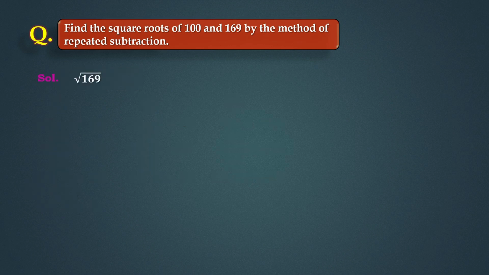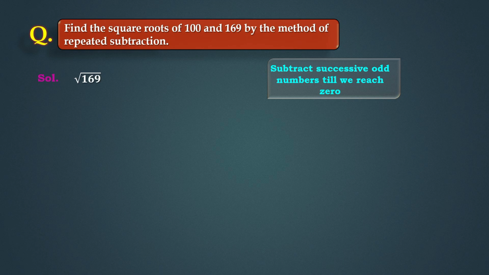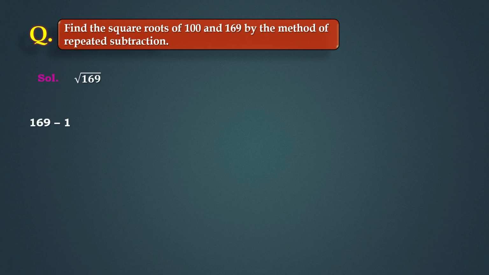Now students, let's find the square root of 169 using the method of repeated subtraction. As we learned, we subtract consecutive odd numbers starting from 1 until we reach 0. Let's begin. 169 minus 1 gives 168. Subtract 3, we get 165.